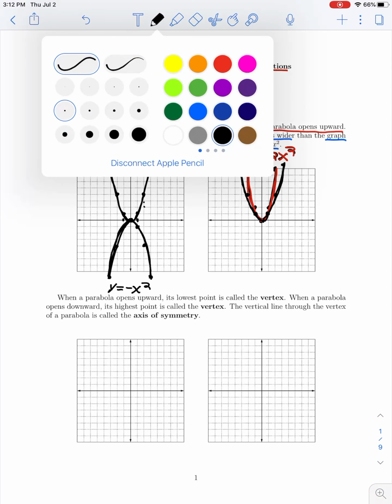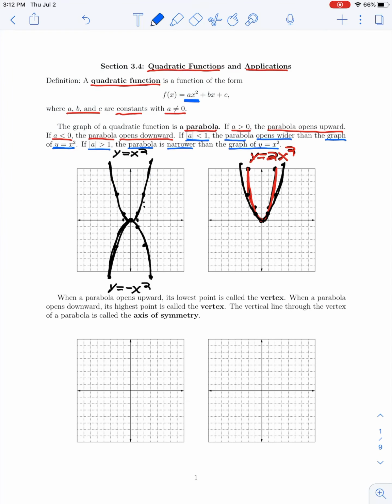Now let's say that we change that a little bit. Let's say we consider also the graph of y equals 1/2 x squared. So if we make the coefficient a number less than 1 in magnitude, let's see how that affects the shape of the curve.